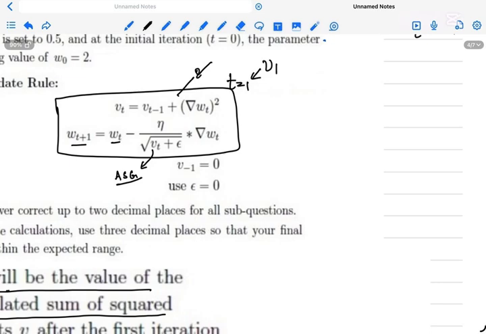V1 at t equals 1 equals V1 minus 1 plus delta W1 whole square, that is, at t equals 1, V0 plus delta W1 whole square.